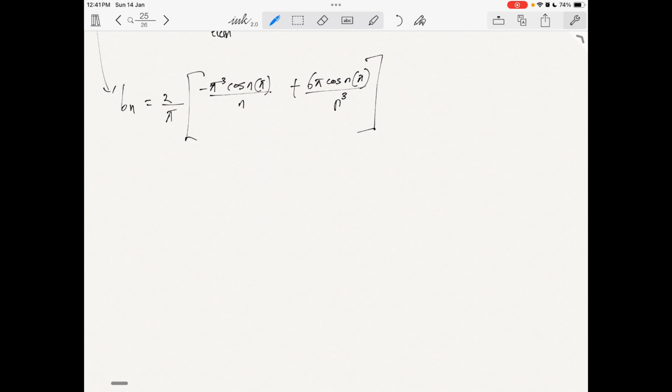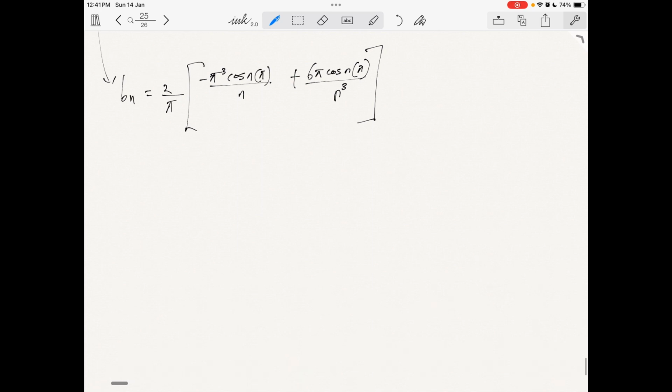In this case b1, that means n is equal to 1. We have 2 over pi times minus pi cubed cos 1 pi over 1 plus 6 pi cos pi divided by 1 raised to the power 3.